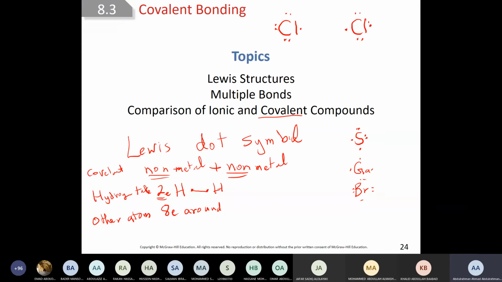Each element would like to have how many electrons around it? 8. By sharing the electrons together, these electrons now belong to both chlorines. How many electrons around this chlorine? 8 electrons. Excellent. For hydrogen, how many electrons around this hydrogen? 2 electrons.